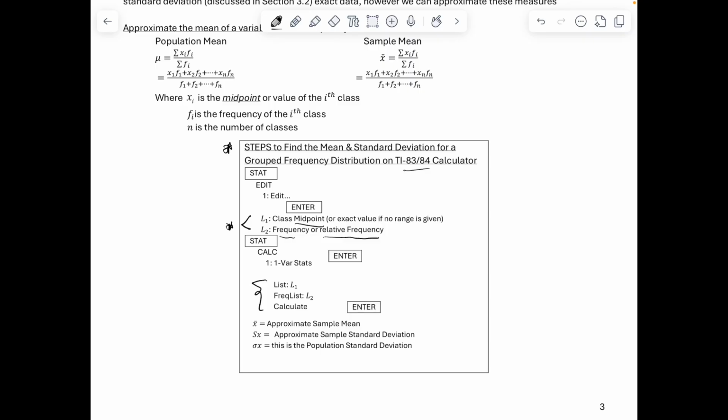Go to Calculate and select Enter, and you'll get your approximate values. The first one is the approximate sample mean, the second is the approximate sample standard deviation, and the third is the approximate population standard deviation. We'll talk about standard deviation shortly.